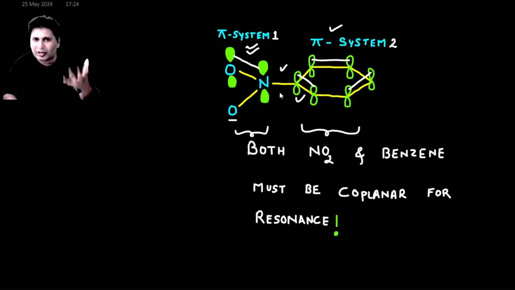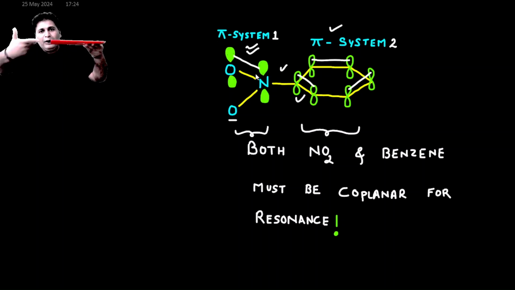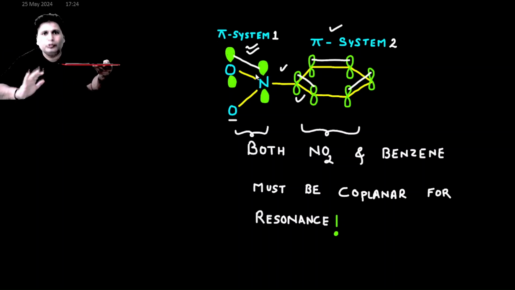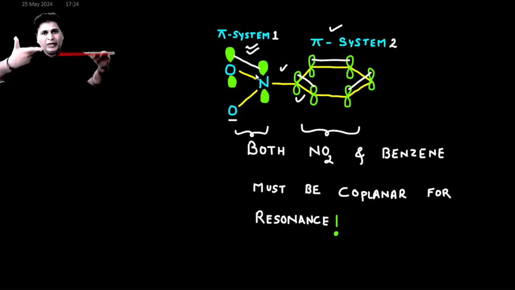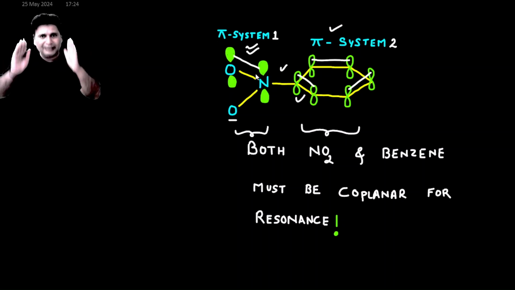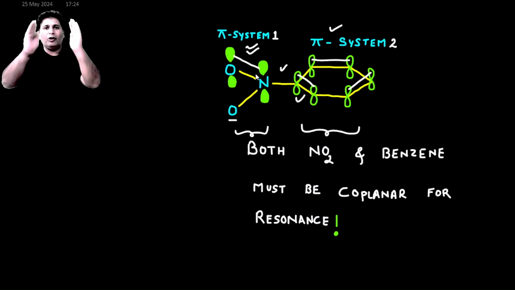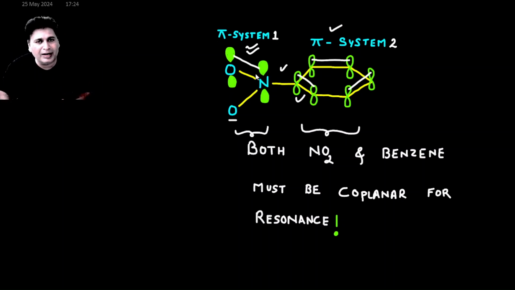The resonance is possible. But if by any means the benzene remains like this, but NO2, because of certain issues, for example, turns like this, becomes perpendicular like this, to avoid steric repulsion, if at all it is present, then the orbitals are no longer parallel to each other.